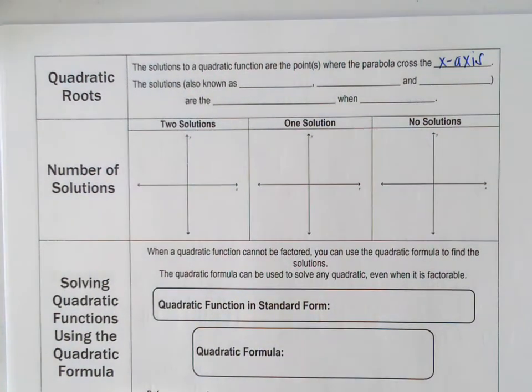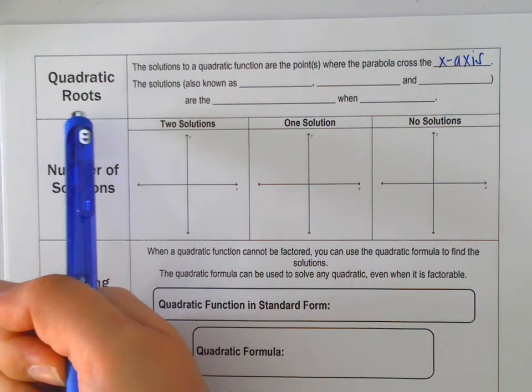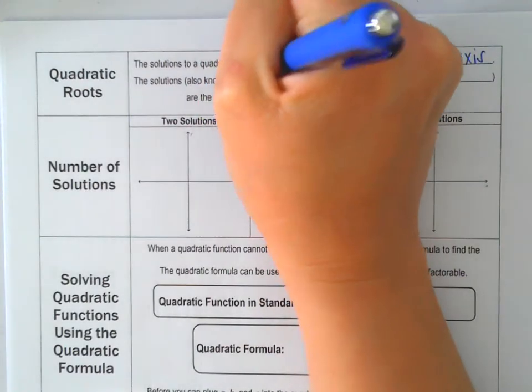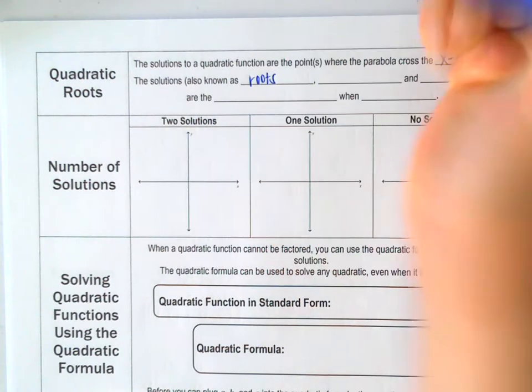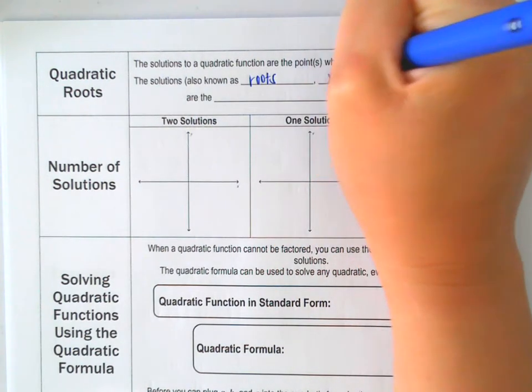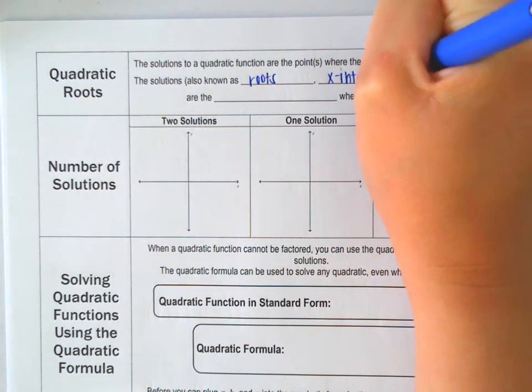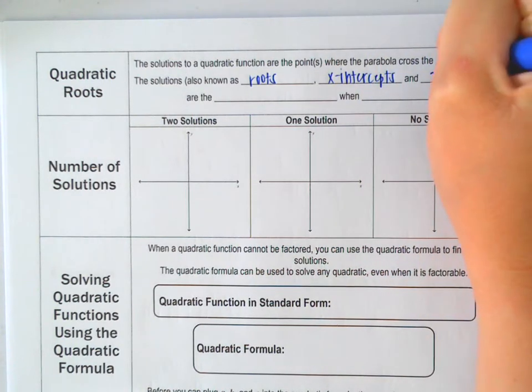The solutions, also known as, so what are my three words? I want you to think about what those three words are that are the same as solutions. One is already given to you on the notes here. So you should be thinking about those that are also known as roots. They're the same as x-intercepts and zeros.